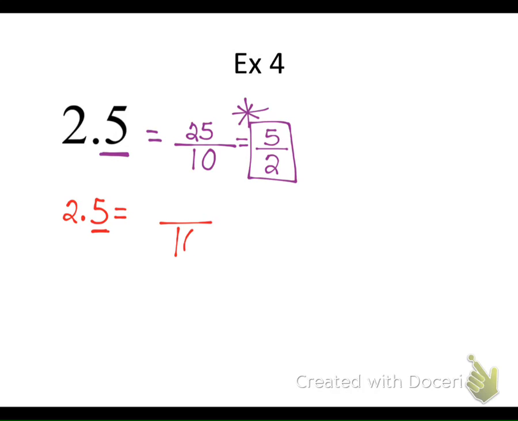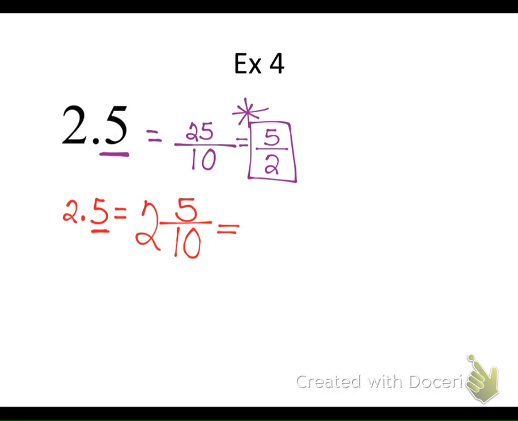So you're going to put the 10. Now, this time though, you're going to take your whole number. Your whole number is the number that's in front of the decimal, and put it as your whole number in front of the fraction. So that 2 becomes my whole number. What do you think my numerator is going to be then? 5, yeah. So 2 and 5 tenths.